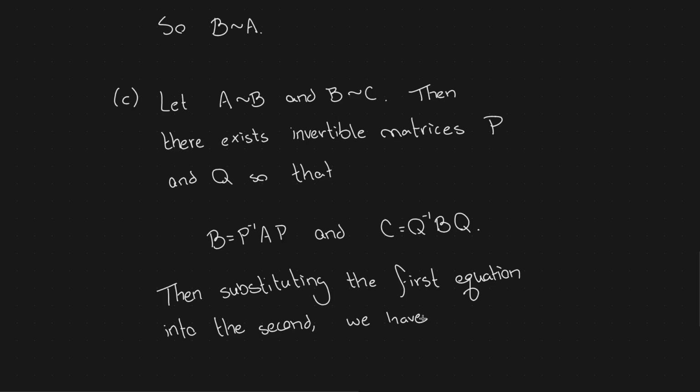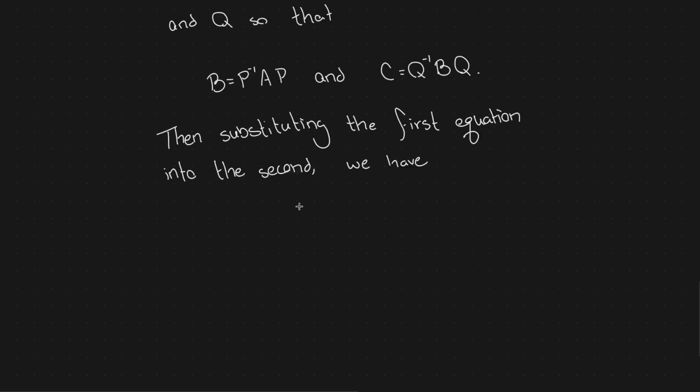We have, B is equal to P inverse AP, so I'm going to swap out B with P inverse AP. So I get C equals Q inverse, and then instead of B, I have P inverse AP, and then Q on the other side.